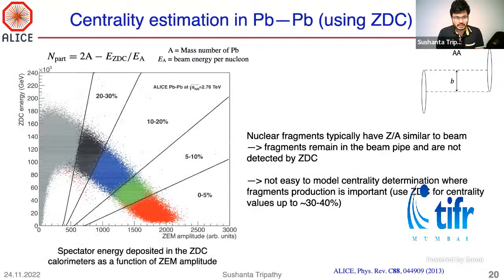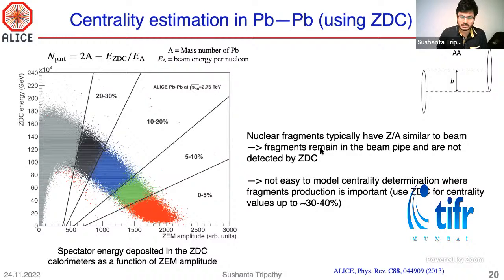However, in some cases there are nuclear fragments, typically with Z over A similar to the beam, and these fragments remain in the beam pipe. Then this monotonic relation is not obeyed anymore. So one cannot directly use this kind of relation because of nuclear fragments staying in the beam pipe itself.